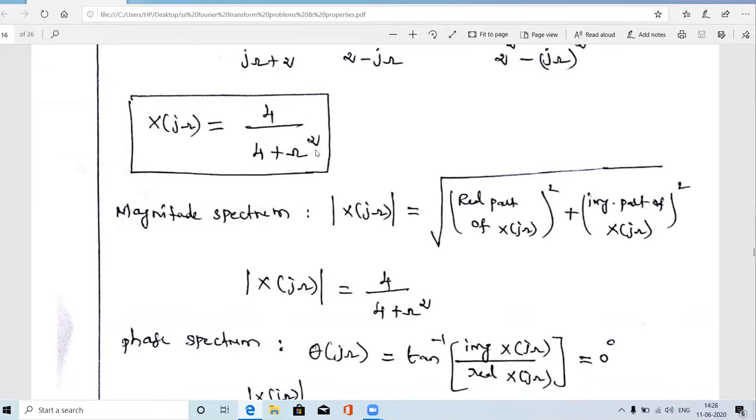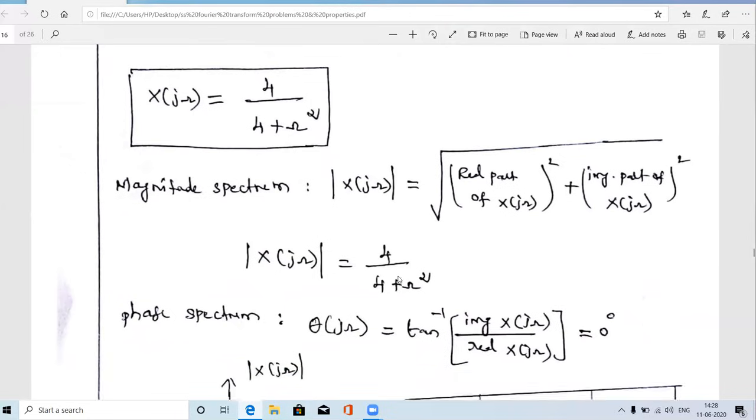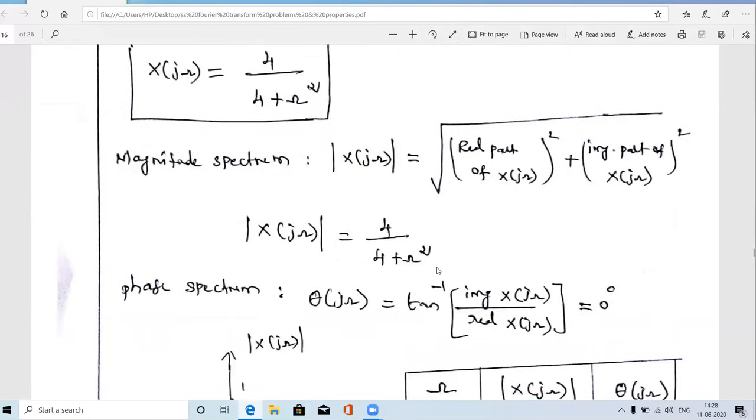No imaginary term, only the real part. So that's why the imaginary part is 0. So square root of real squared, square root and square cancel, so we will get the same answer. Okay, if the Fourier transform consists of only the real part, the modulus of x of j omega is the same as that particular thing. So 4 by 4 plus omega squared.